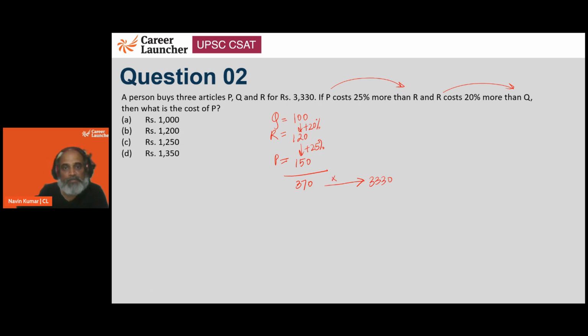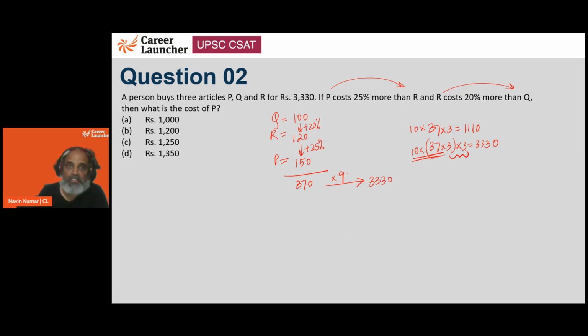So how many times is this going to be? Well, 37 into 3 is 111. So 37 into 3 will be 333. So if we multiply both sides by 10, this is what we get. We can see that 370 into 9 results in 3330.